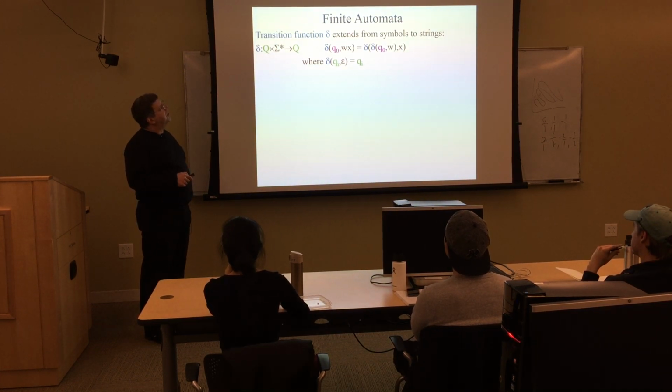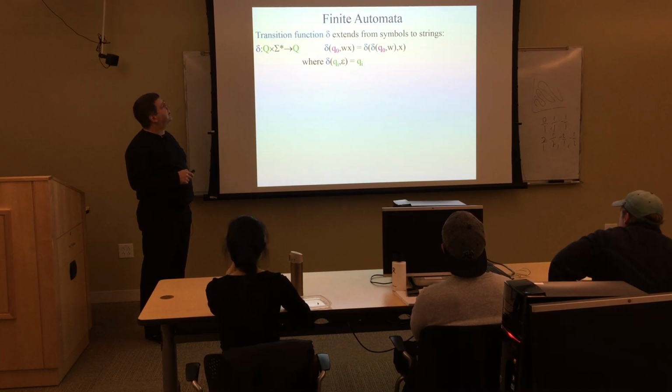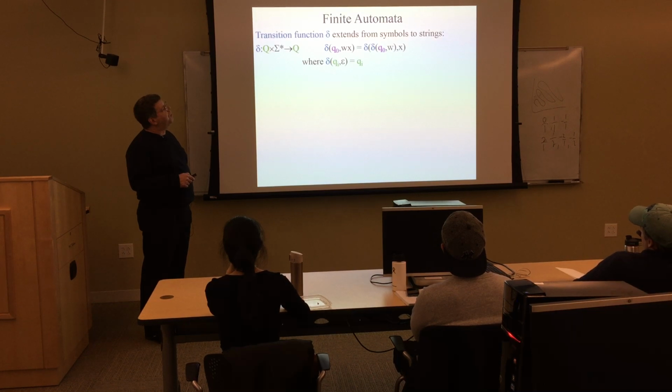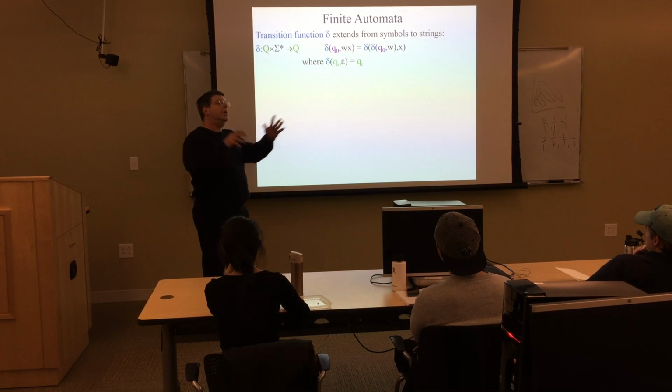You can extend it to arbitrary strings by inductively applying it to itself multiple times. So the transition function, when you start with Q0 on some string W and a character X, is the same as applying delta to itself on Q0 with W, and then whatever state comes out of there, you then apply delta to it and finally the X.